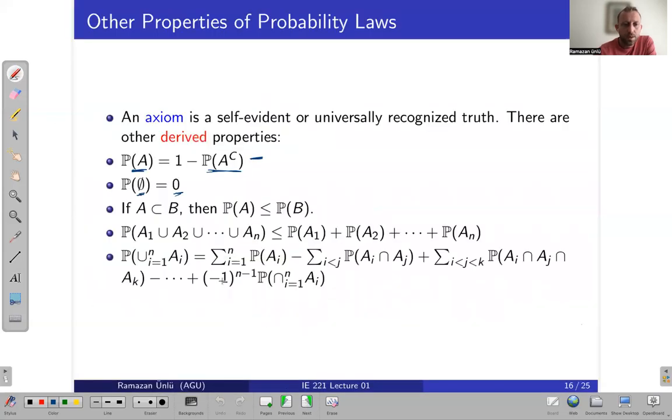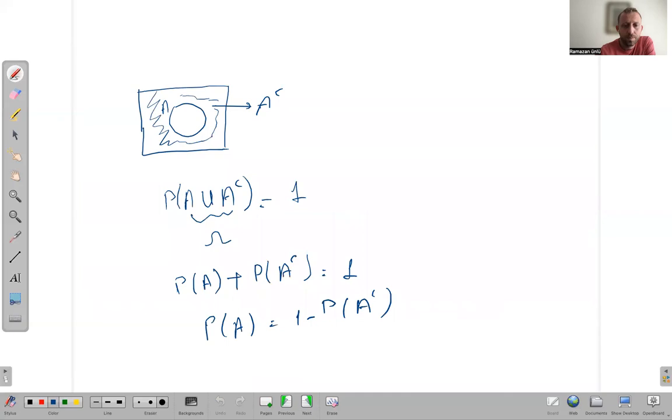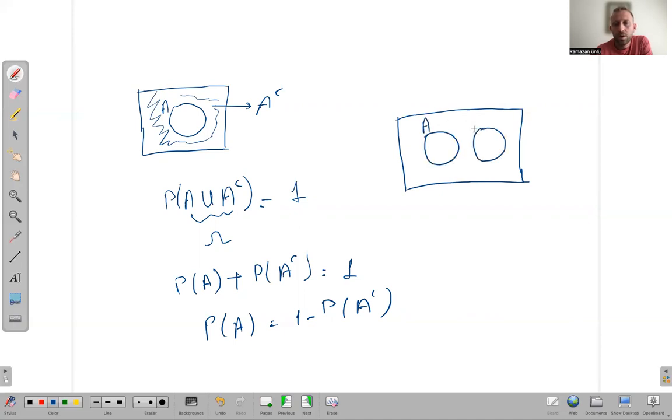So let's look at this one. If A is a subset of B, then I can say that the probability of A is less than or equal to P(B). Okay, let me draw this one. Let's say I have a sample space and I have A and B, right?